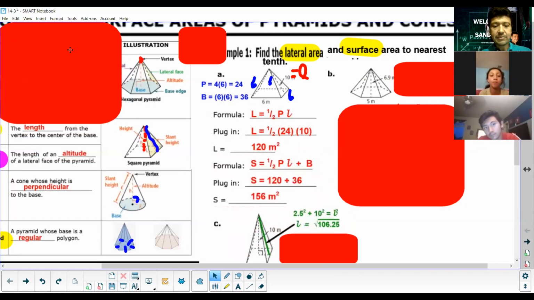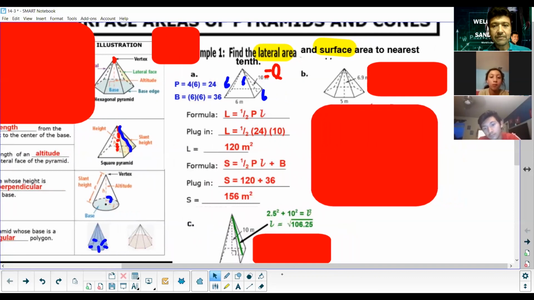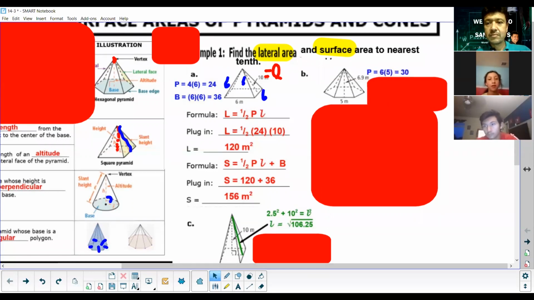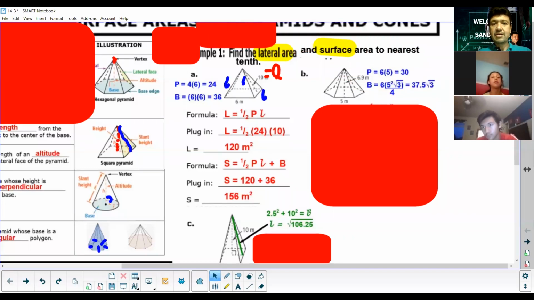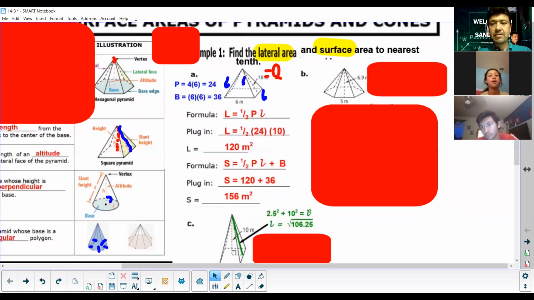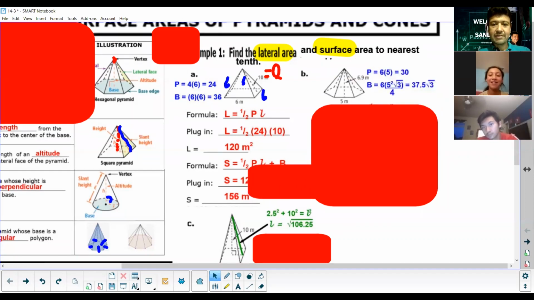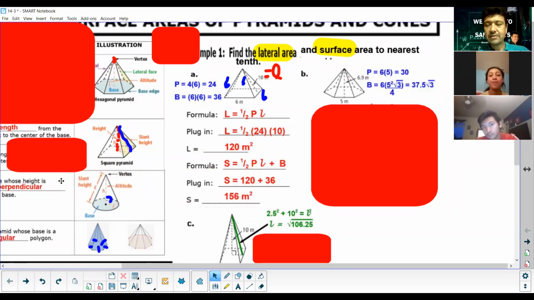All right, Celeste, why don't you walk us through B? How do we solve for B? Well, we first need the perimeter, so we would do 5 times 6. Yeah, so there's the 30, right? And there's 6 sides. So 6 times 5 is 30.